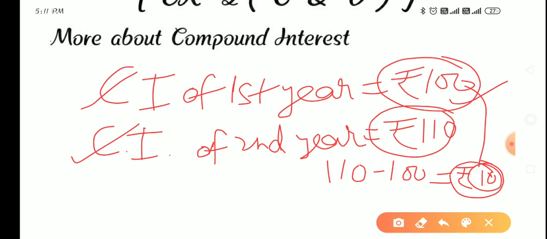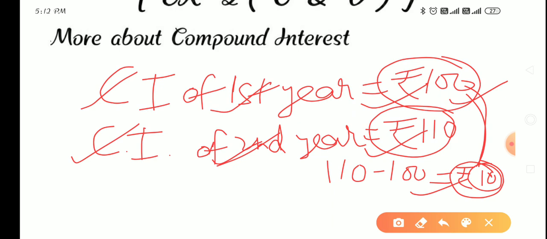So for example, I took here consecutive years, it may be second and third year, or it may be first and second year. So I have taken here first and second year. First year compound interest 100 rupees, second year compound interest 110 rupees, difference is 10 rupees. So this 10 rupees is the interest of 1 year on rupees 100, not on rupees 110.